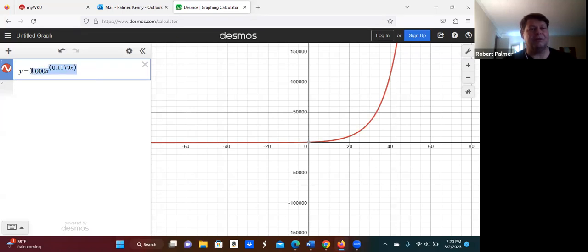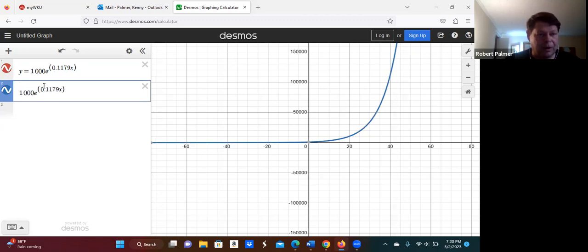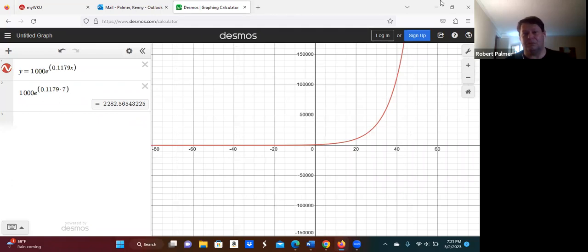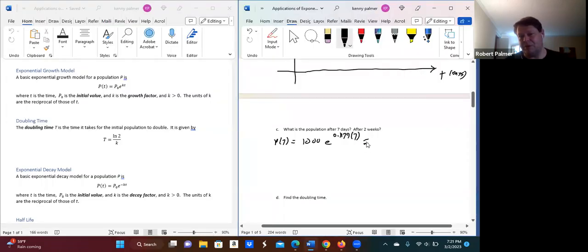I'm just going to copy this, and just put in 7. Okay, so after 7 days, after a week, approximately, let's use whole numbers. Remember, this used to be a population of bacteria. So let's just round up for estimating purposes, approximately 2,283.